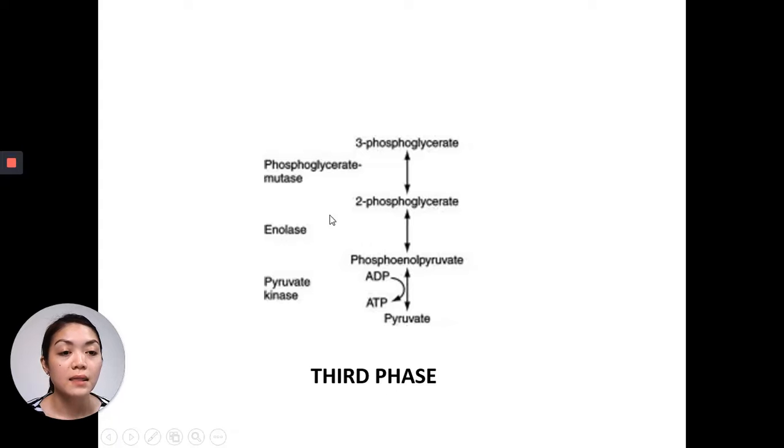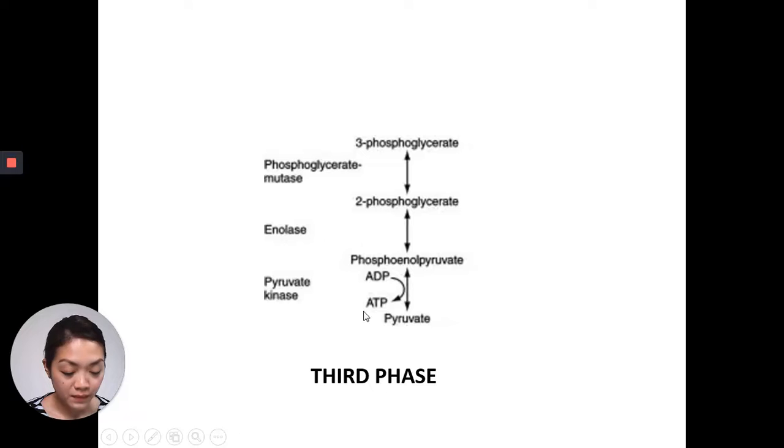Rearrange lang. Then, by enolase to phosphoenol pyruvate. And last enzyme to act is pyruvate kinase, converting PEP to pyruvate. Okay? So, in here, it generates another 2 molecules of ATP for a total naman of 4 ATP molecules.